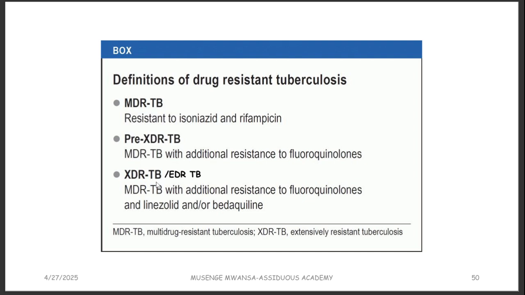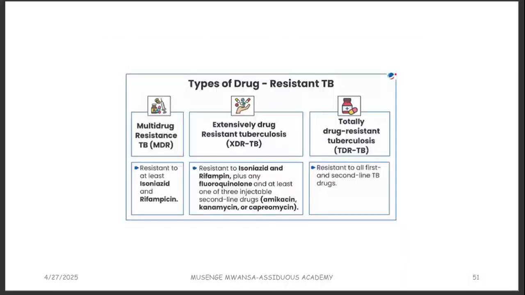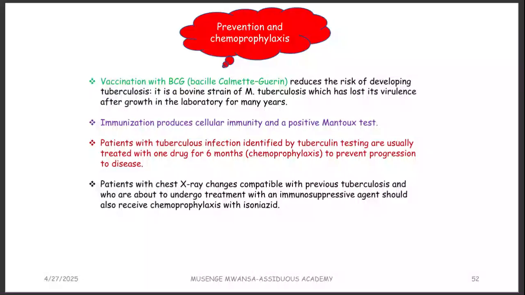That is extensively drug resistant. Please take note: besides the fluoroquinolones, you also have either linezolid alone, or bedaquiline alone without the linezolid, or both of them. But there should also be fluoroquinolone and isoniazid and rifampicin resistance. There's also totally drug resistant TB, which is basically resistant to all the first line and all the second line drugs.